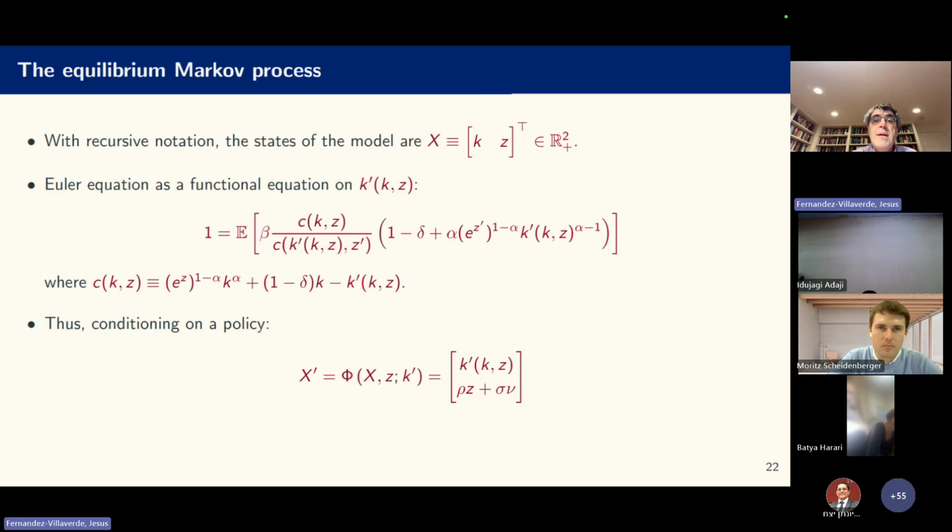So remember, as I was saying before, that the states of the model are capital and productivity. And to save a little bit on notation, let me switch to the recursive notation. So I'm not going to use a sub-index, and when I have a prime, it means the next period. And exactly as we did before, we are going to center our interest on the Euler equation.